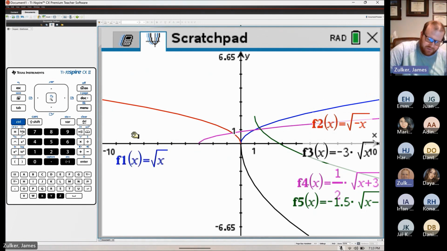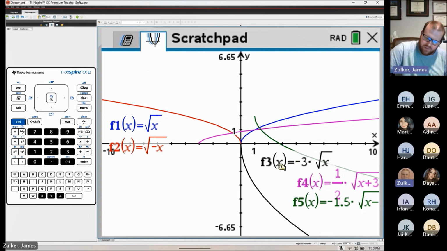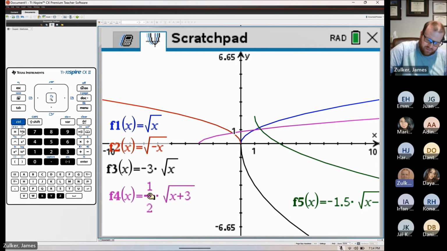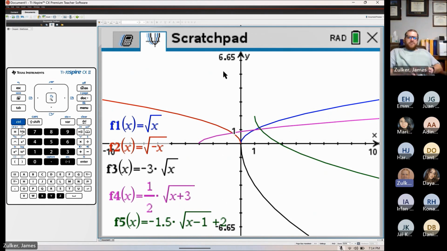Now, these might be better moved over here. So again, our sketches look pretty darn good.